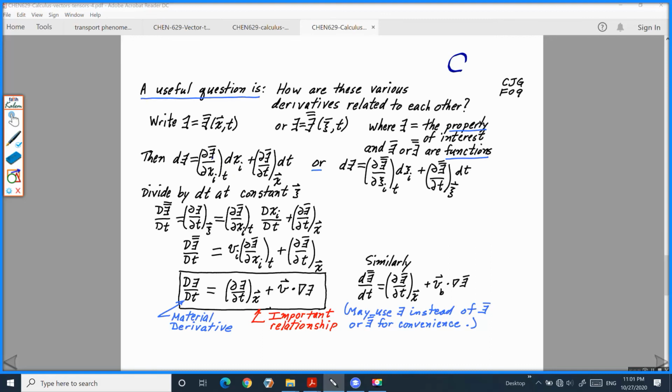The partial derivative with respect to x times dx, plus the partial derivative with respect to t times dt. Or we can write that in a similar manner by the chain rule in this form, divided by dt at constant t.